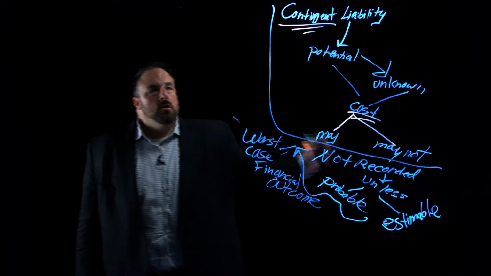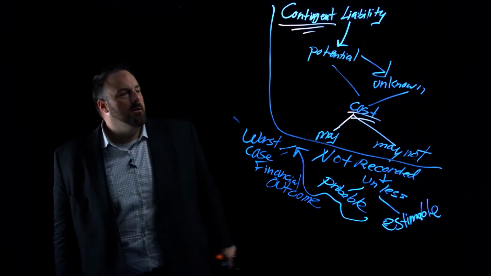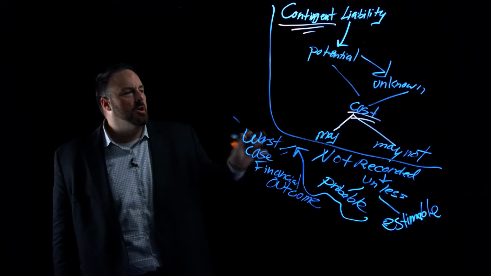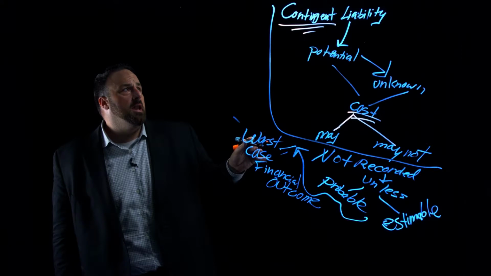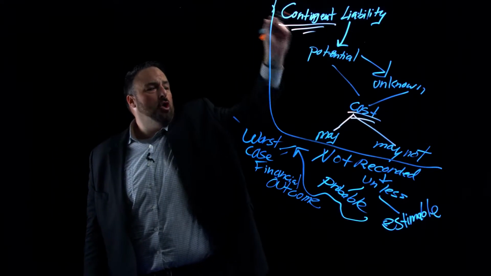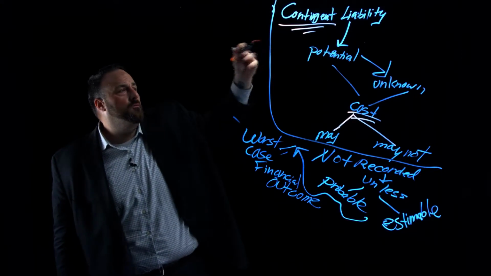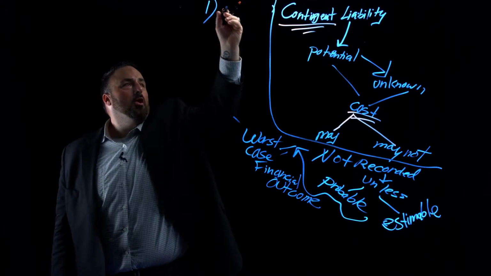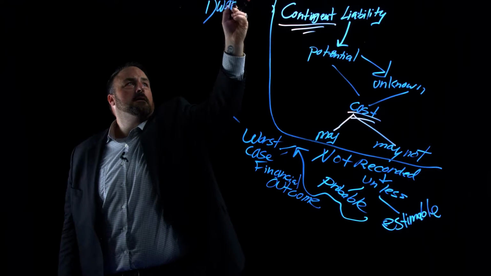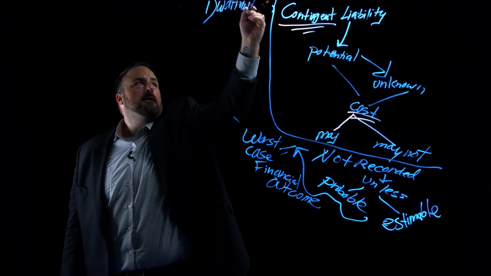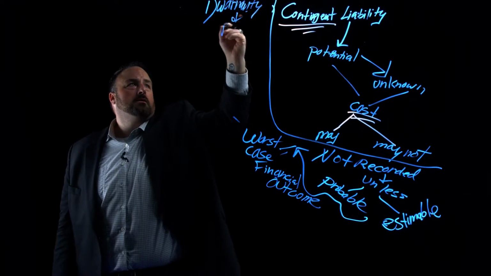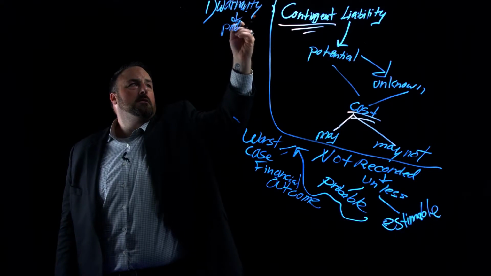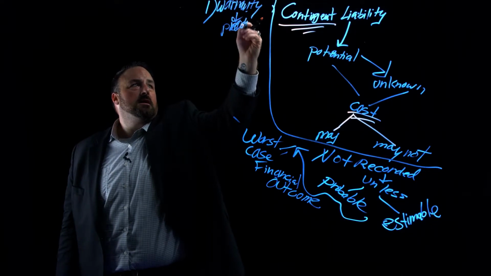Now, before we get to that, there are three examples of contingent liabilities, and I want to include, by majority, where they could fall. Number one, a warranty on a product that the company maintains and usually sells.